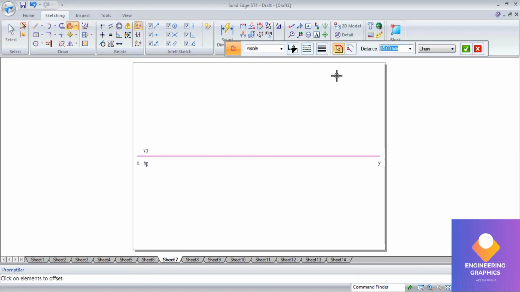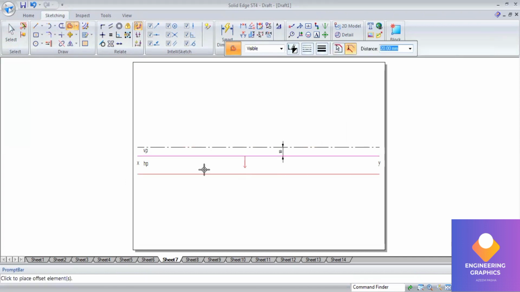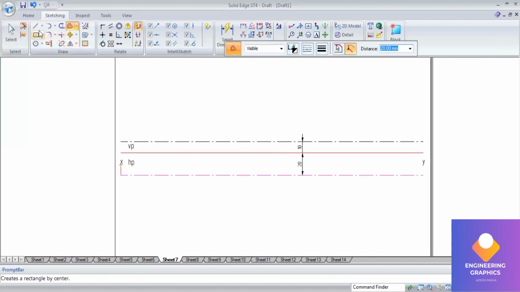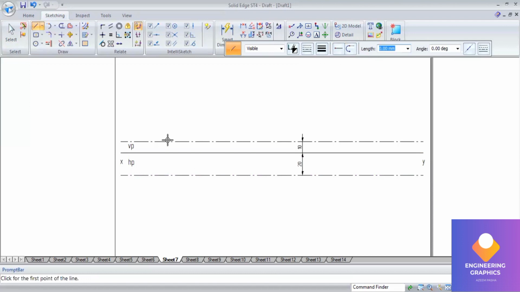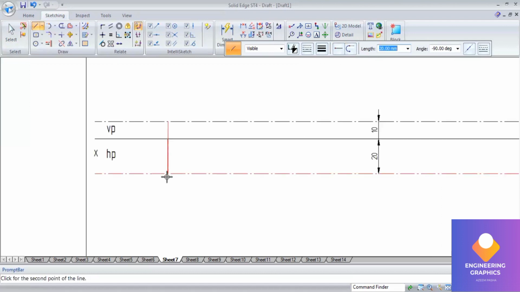I will be giving the end distances here: 10 mm above HP and the other distance 20 mm in front of VP. Now here in this problem they have given the true length with the angle of inclination. First I will take a reference end point, so now it will be easy for me to construct it.